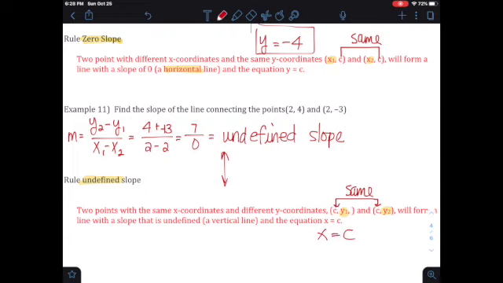So in this case, looking at the problem before, your same number is in the x position, so your equation is going to be x equals 2. That's your equation of the line.